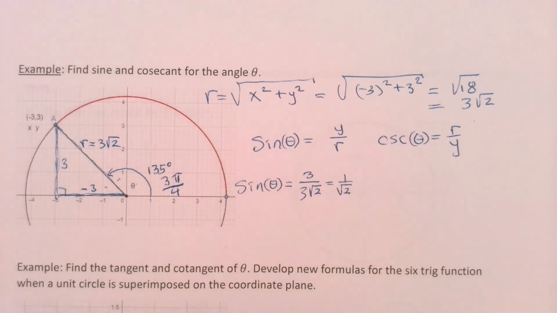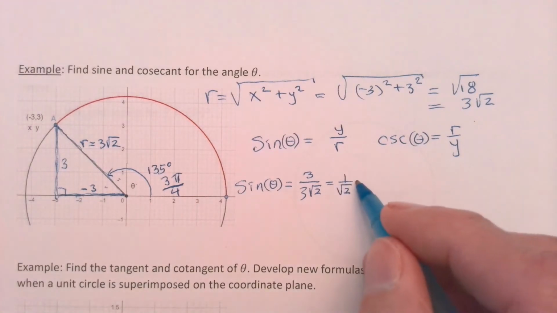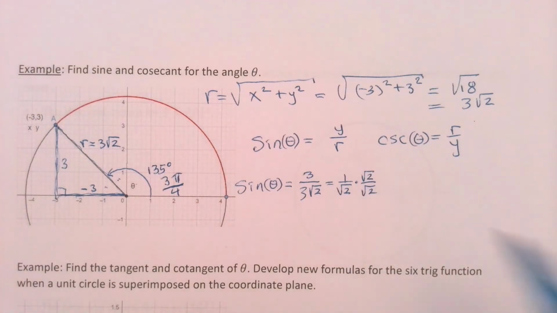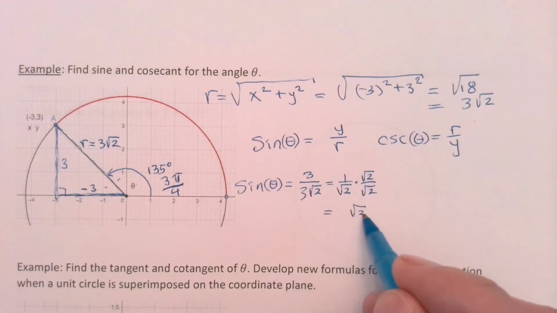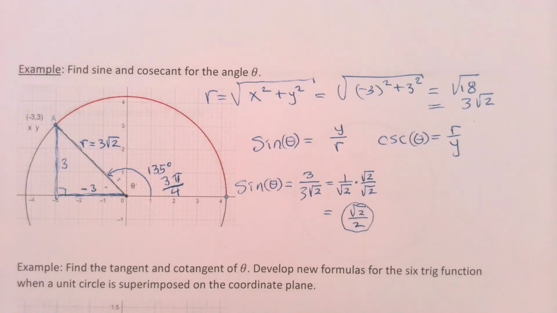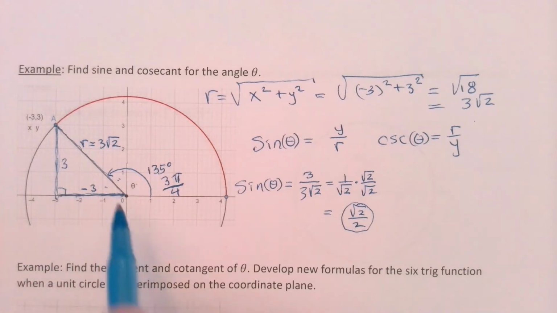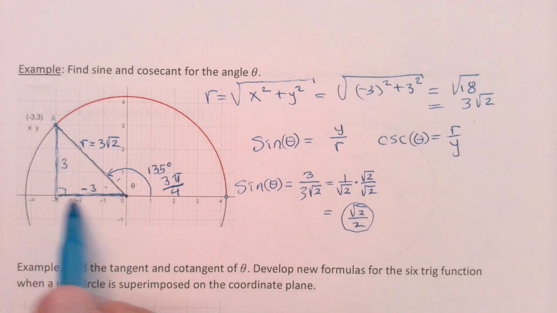And you can either leave it like that, or I think it's a lot nicer if you rationalize the denominator by multiplying by root 2 over root 2. And you'll get root 2 over 2 for an answer. That's the sine. You know what the cosine would be? It'd kind of look the same, except instead of 3 here, you'd have a negative 3. And in the end, your cosine comes out negative.